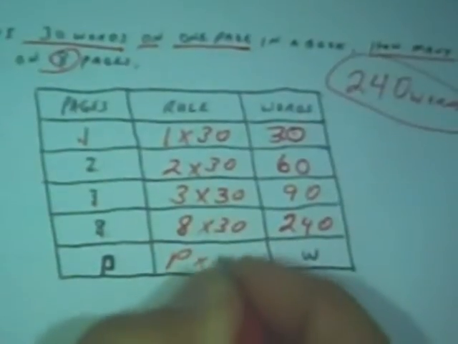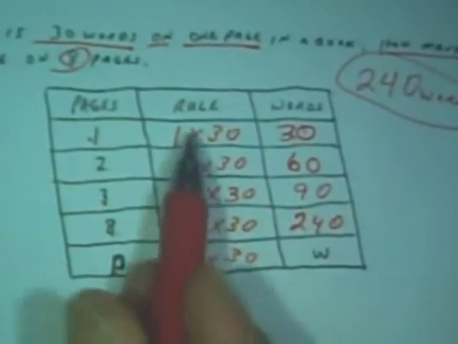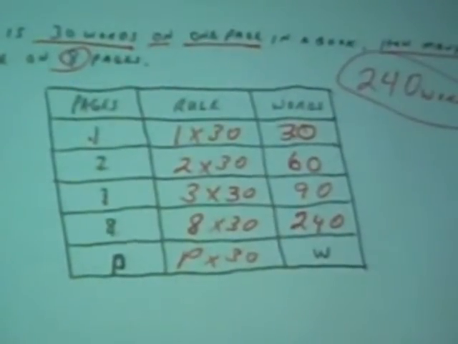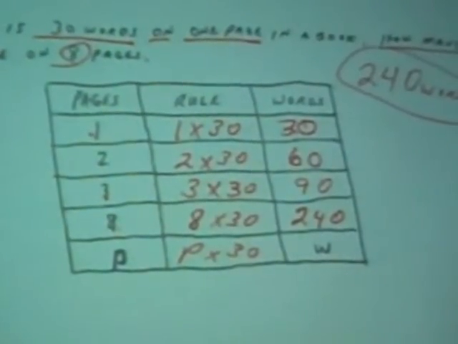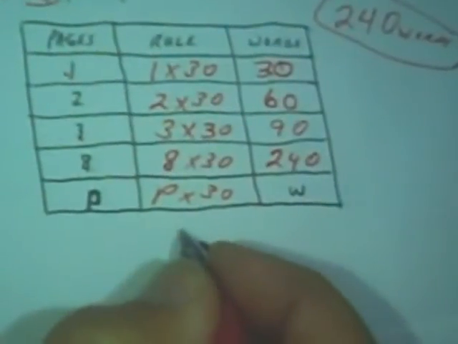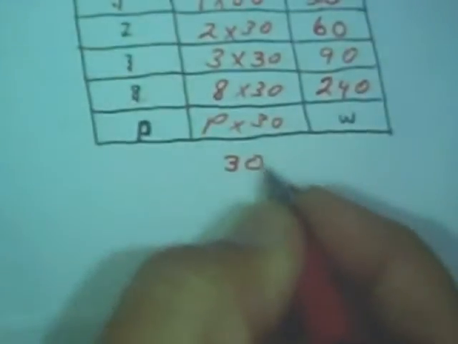P30? Okay. First, let's go P times 30 just because I want it to look like the rest of my rule. But Harrison is correct. He learned the other day and he remembered when I said in algebra, if you slam the 2 together, what does that mean? Times. So I'll accept that one or that one.